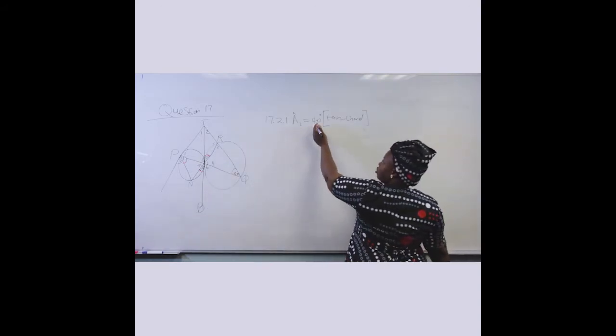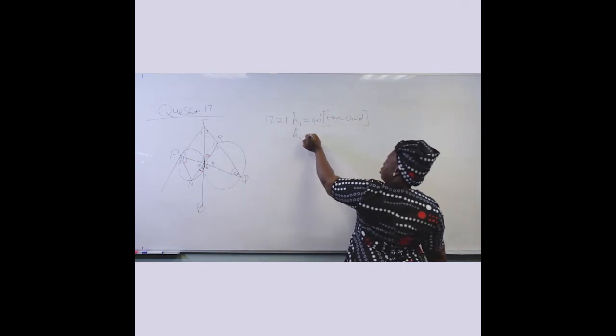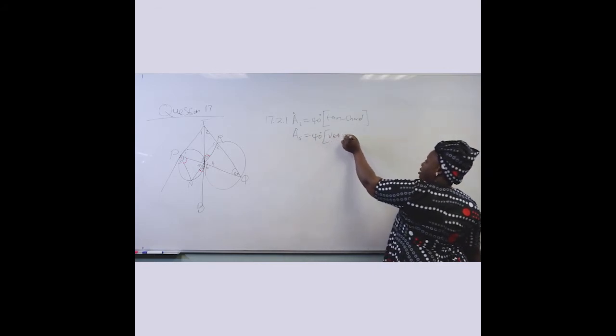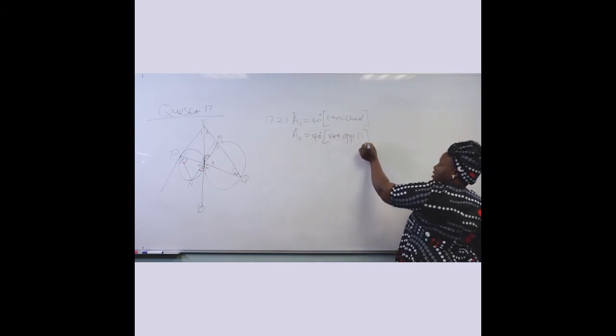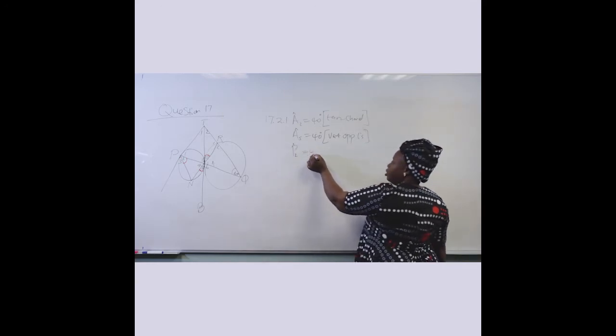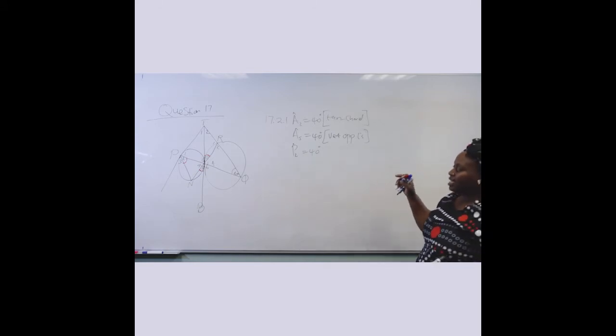So A2 is equal to 40, tangent chord. And we said A5 is also equal to 40, vertical opposite angles. And also P2 in the small circle is going to be equal to 40, because the angle A5 is the one that is between the tangent and the chord.